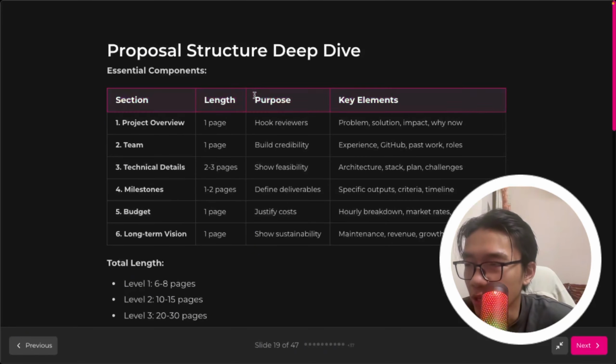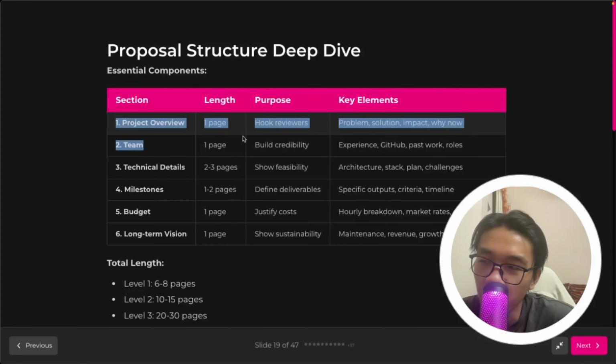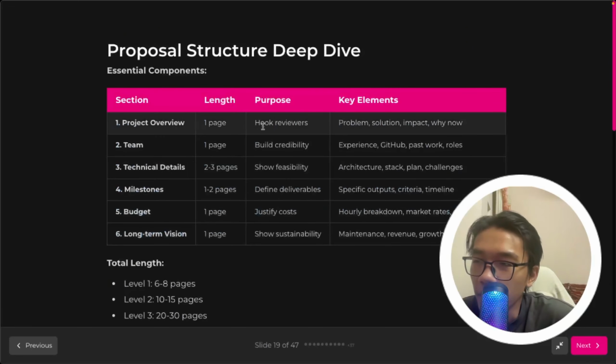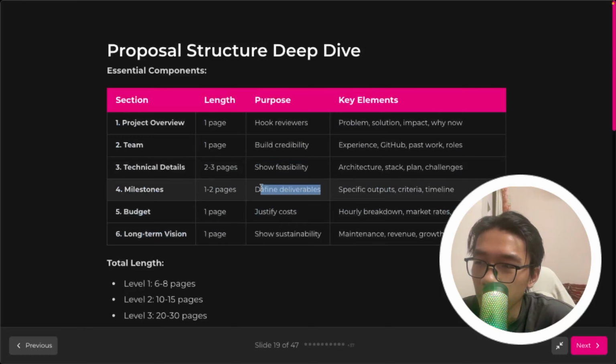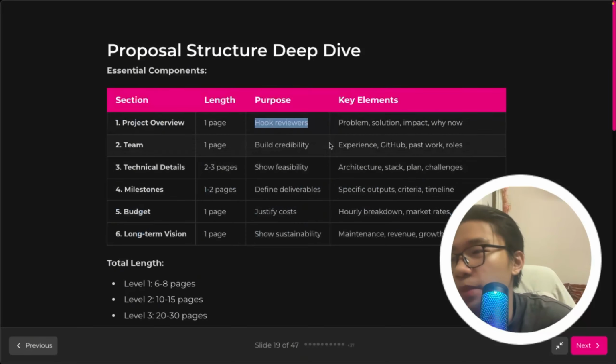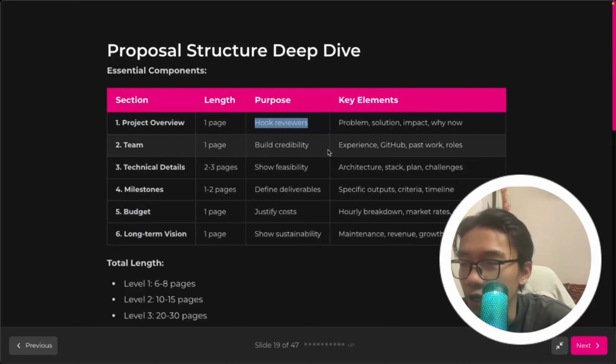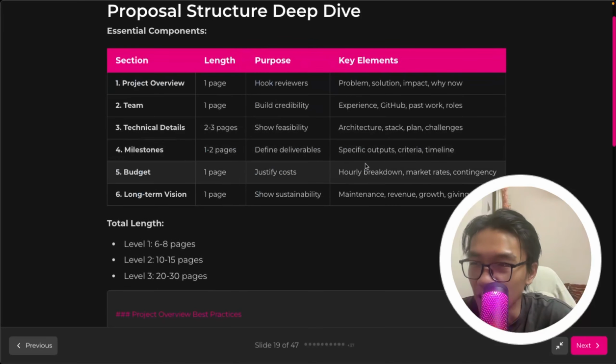Here there's also an estimated length that you can base on when writing your proposals. The purpose of these can be a reference, so that you can write the right things to support each section.